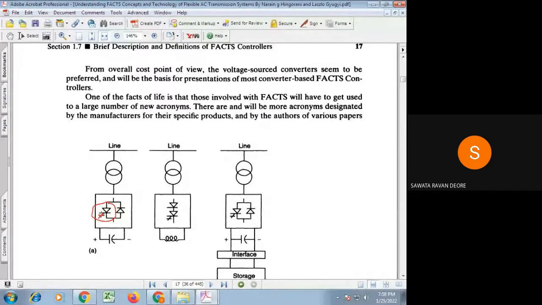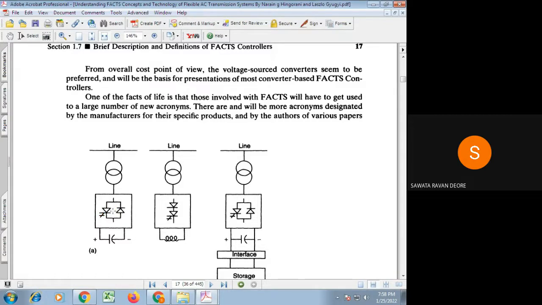Means by means of this gate terminal, we are able to turn on as well as turn off the power semiconductor device. That is what is called self-commutating power semiconductor devices.